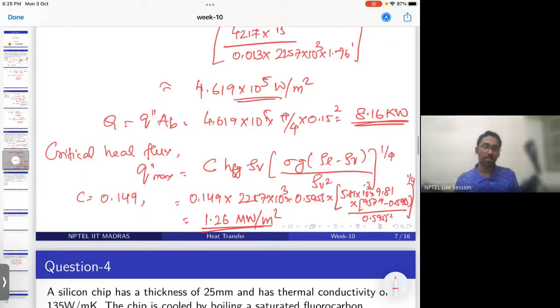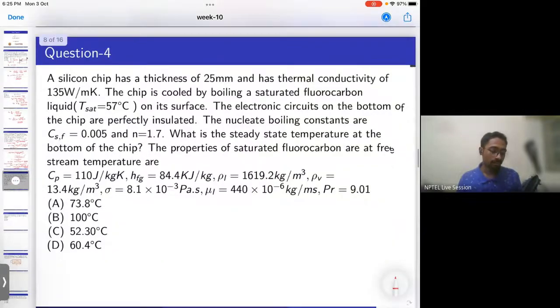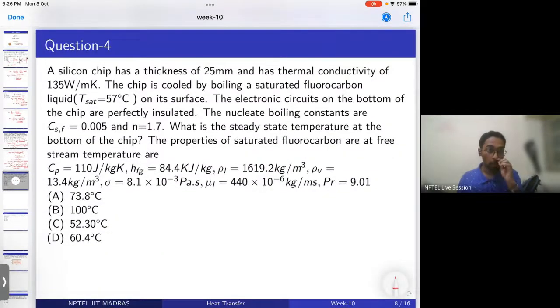megawatts per meter squared. The importance of critical heat flux was already discussed in the class, because if you need to design an evaporating system, we need to know the critical heat flux, because beyond this critical heat flux, we cannot have a further increase in the temperature.